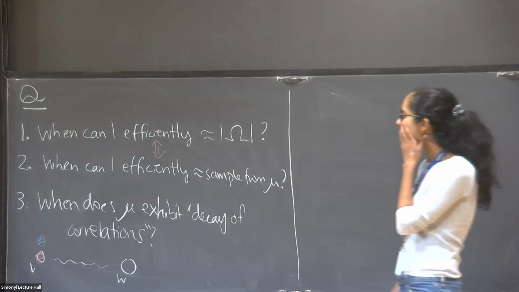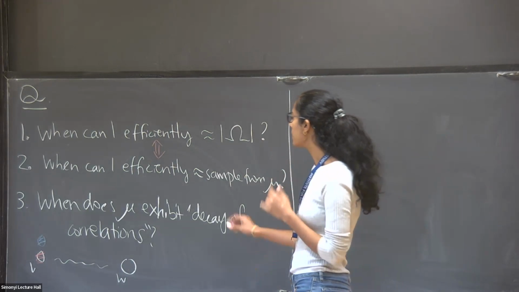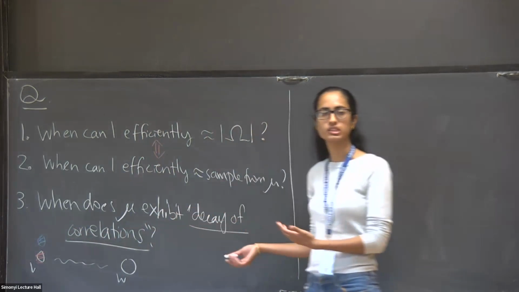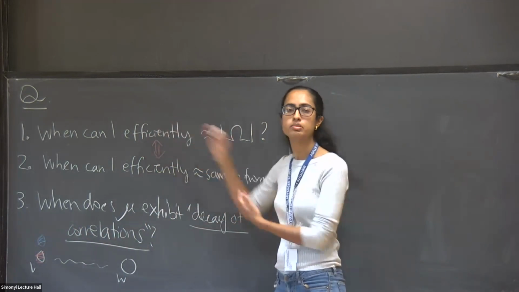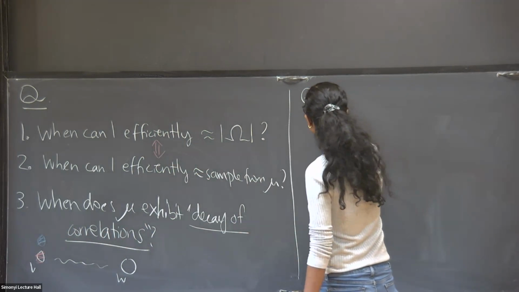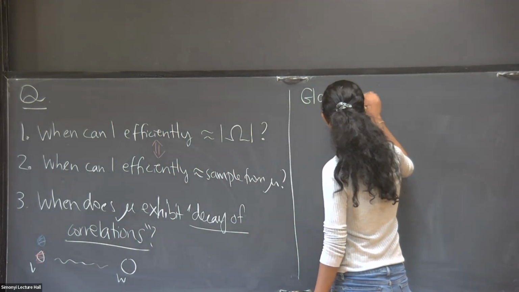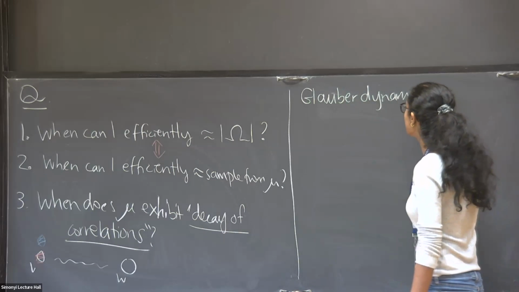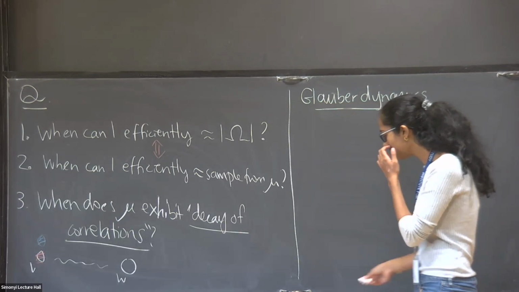Okay, so let me tell you about one way to make this phrase precise and one way you might hope to efficiently sample. So, how might you hope to efficiently sample? Speaking of things that have multiple names, one of the most classical ways to sample from distributions like this. What is this distribution?